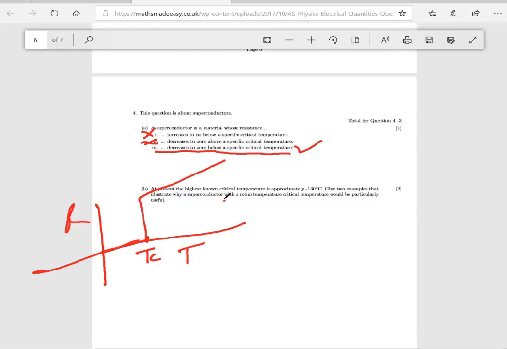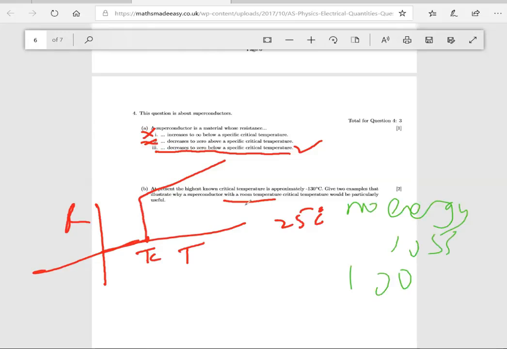Room temperature is 25 degrees. Yeah, because no energy loss. 100%. So if you decrease the temperature, then there will be no energy loss.